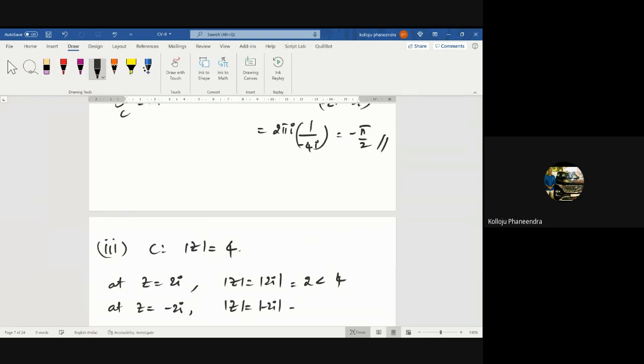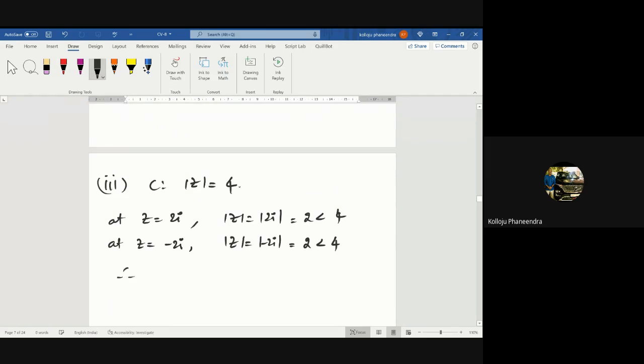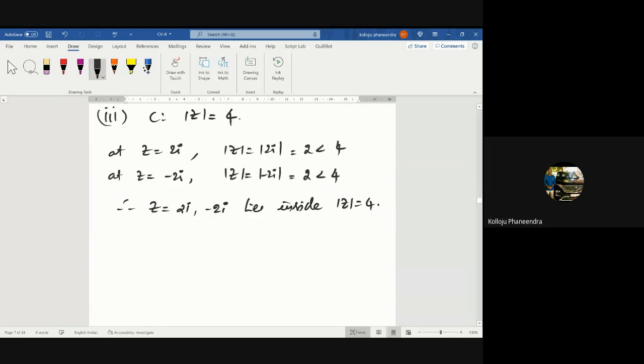Mod minus 2i, this is also 2, less than 4, radius 4. Therefore, z equal to 2i and minus 2i lie inside the circle mod z equal to 4. Okay, then what do I have to do? Both lie inside.